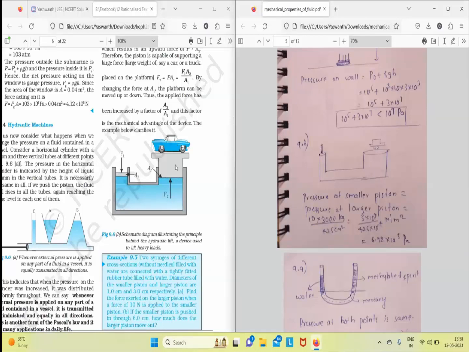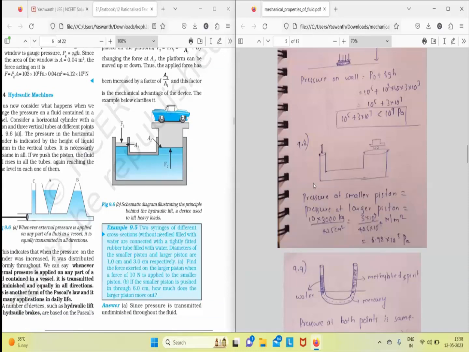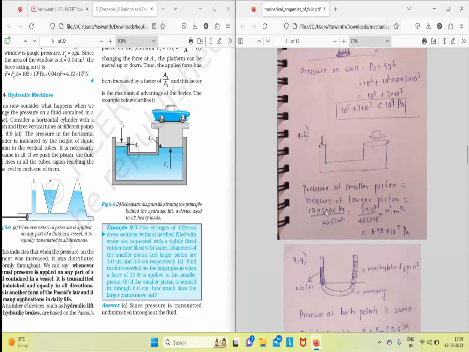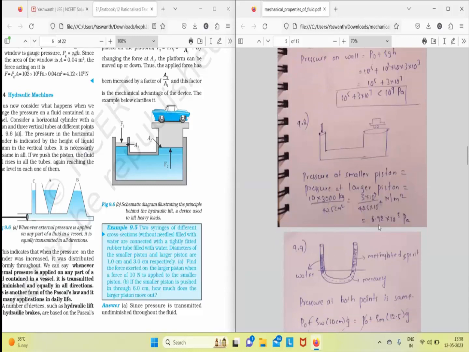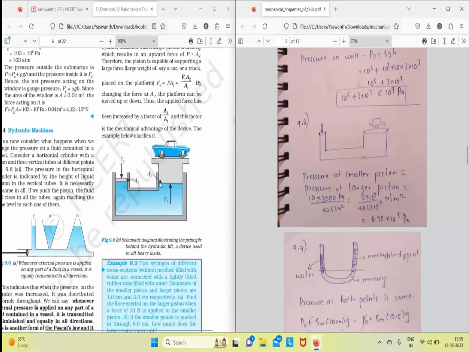So here, what's the maximum pressure due to the weight of the car? It will be the mass of the car into acceleration due to gravity divided by the area of the surface, 6.92 into 10 power 5. This is the pressure applied at the larger piston. And as we studied in Pascal's law, if you apply any force on a fluid, it is equally transmitted in all directions of the fluid.